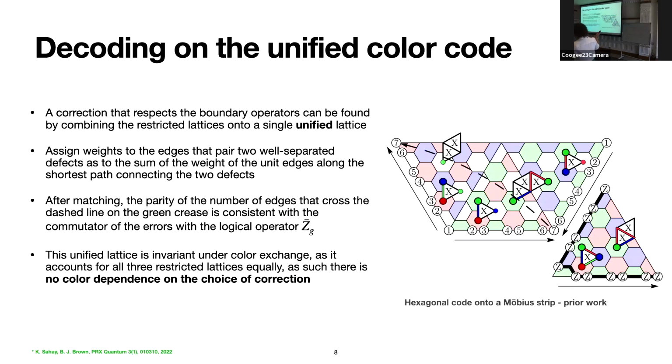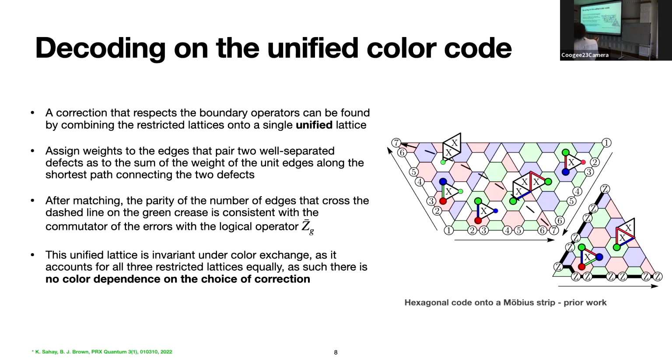You run minimum weight perfect matching on this new lattice, and now the logical operator is going to correspond to one of these creases between 2 glued restricted lattices. So it's the same principle. We count the number of crossings we get across the logical operator, and we compare the parity of that with the parity of the number of errors that have support on the logical.